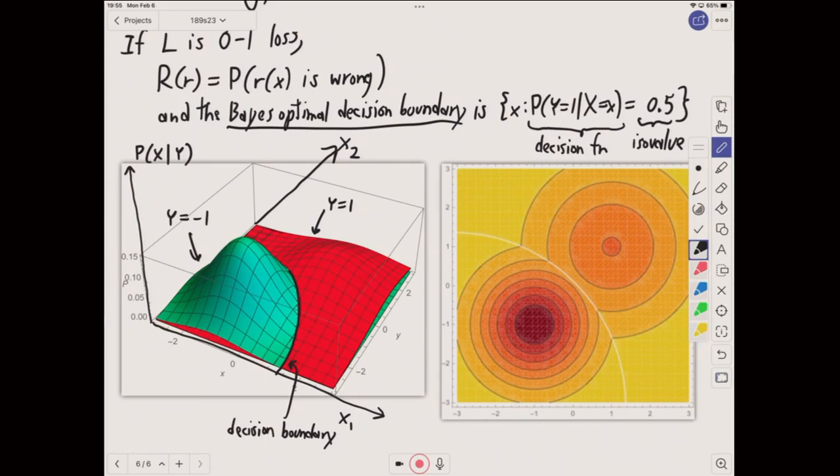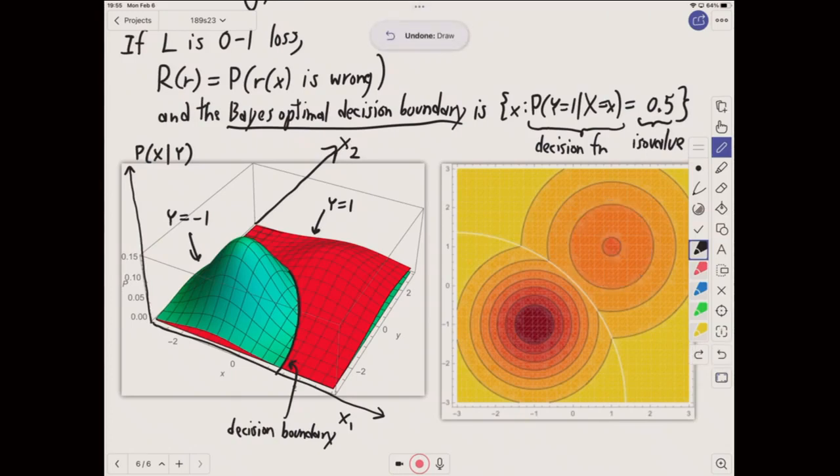On the right-hand side, I have plotted exactly the same 2 functions. It's now a contour plot instead of a 3D plot. And so you can see the isocontours of the no cancer function here. You can see the isocontours of the cancer distribution here.